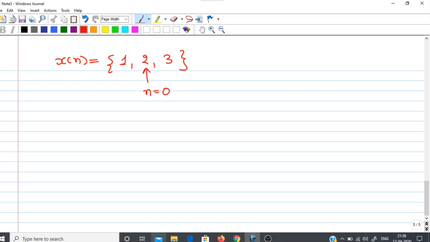And we have already worked out the Z transform of this. Again, if we try to find the Z transform of this, this would be summation from minus 1 to plus 1 x n z to the power minus n. So can I write the Z transform of this? It would be z plus 2 plus 3 z inverse.